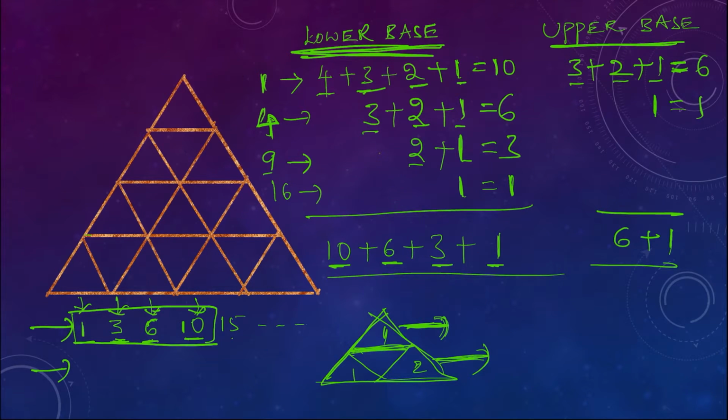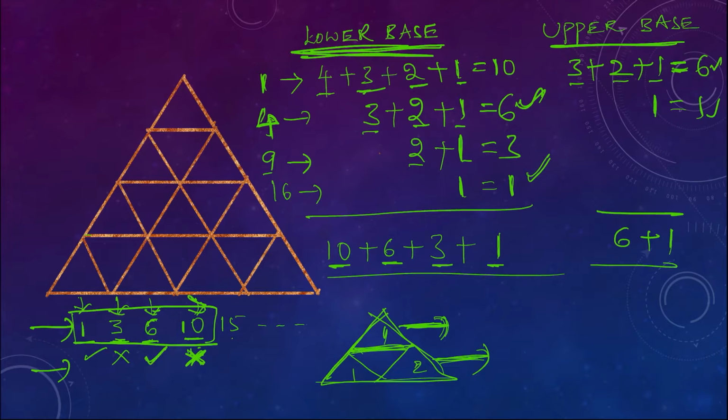Now we have to take upper base triangles also. We have to consider. So for upper base triangles, what you have to do? So cross here, tick, cross, tick. So alternative numbers only we need to consider. If number of smaller base triangles attached to any side of bigger triangle is 4, then you can observe here, alternatively we are getting.